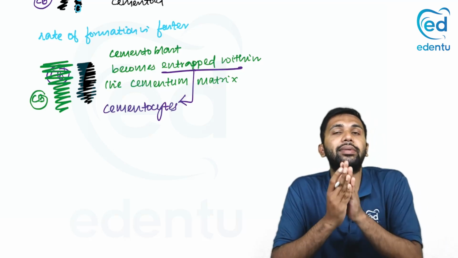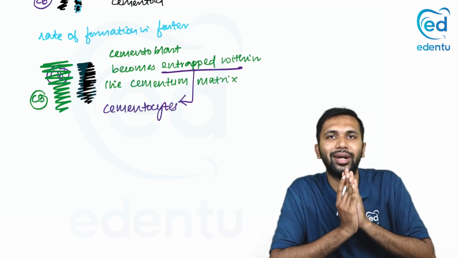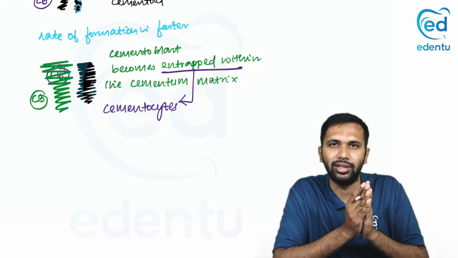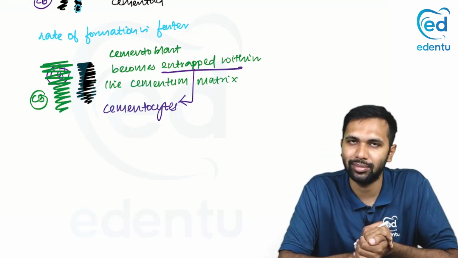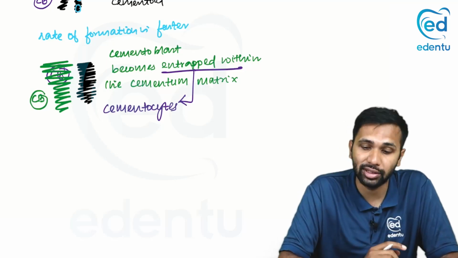Okay, so if cementocytes are present within the matrix, it is referred to as cellular cementum. If there are no cementocytes within the matrix, it is referred to as acellular cementum. That is the first classification.